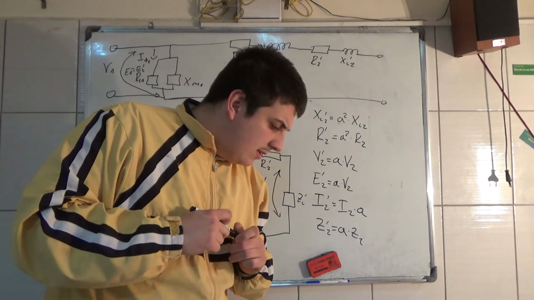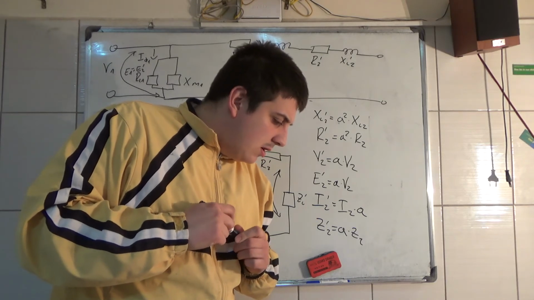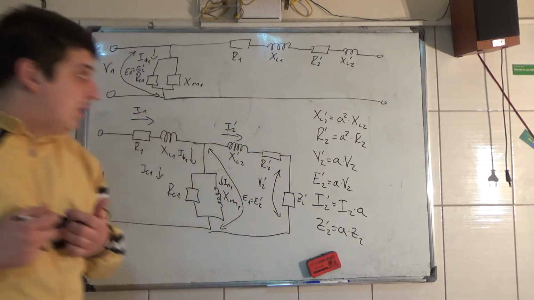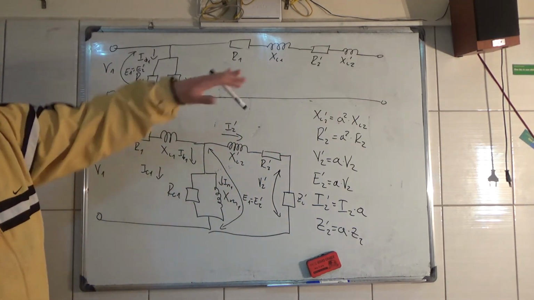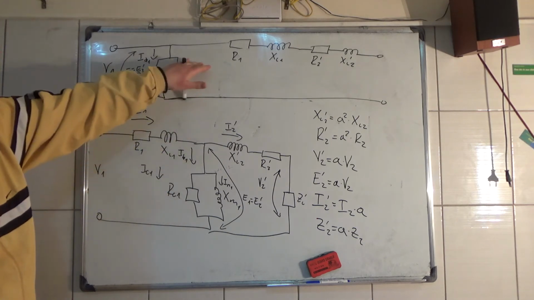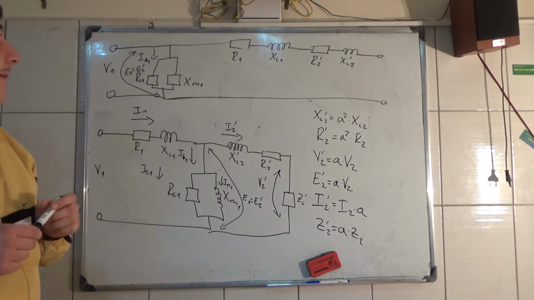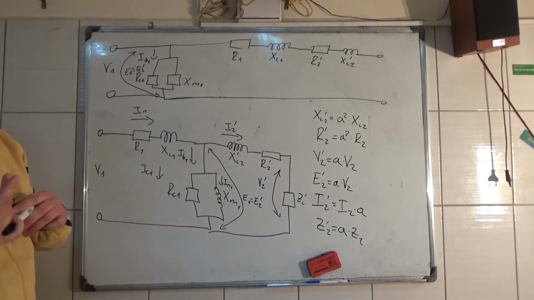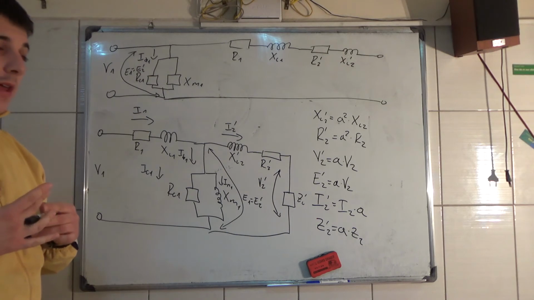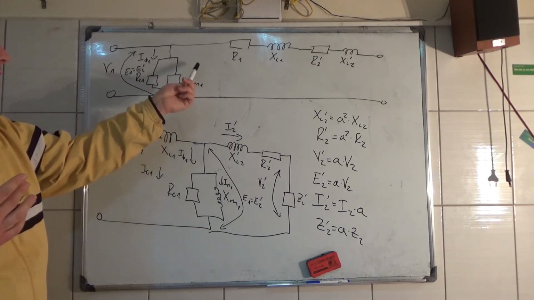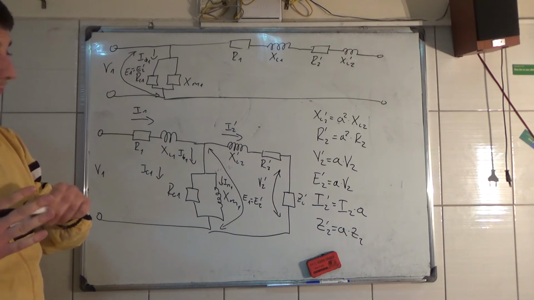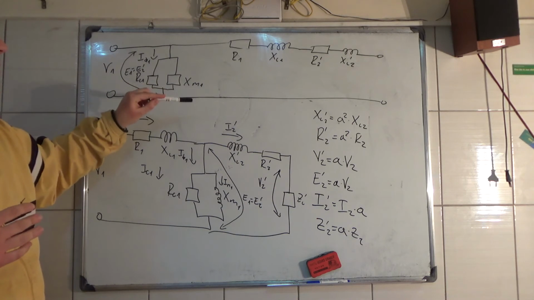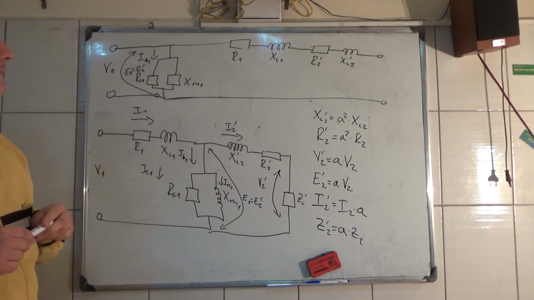I don't know why they do that, but okay, this circuit is much more accurate than this one, but it's better for me to say something about this in my next video. So sorry about this.